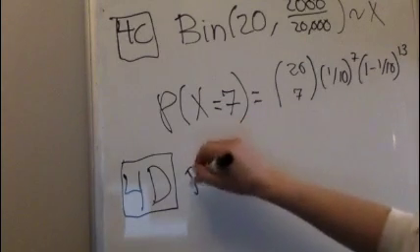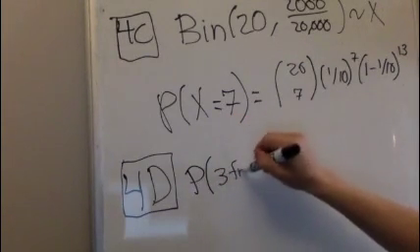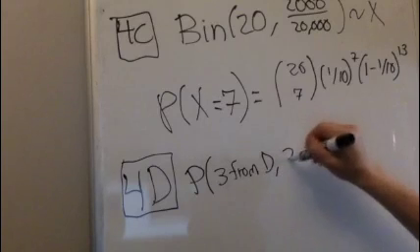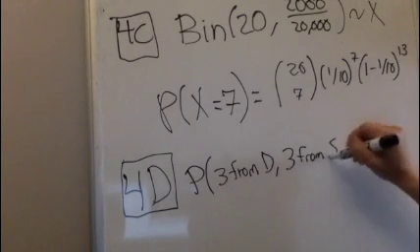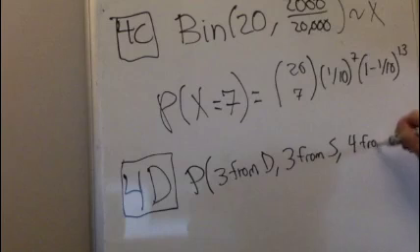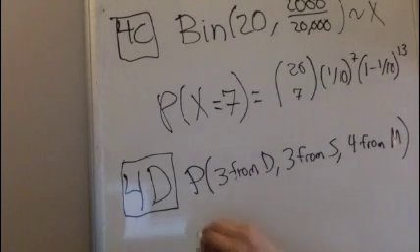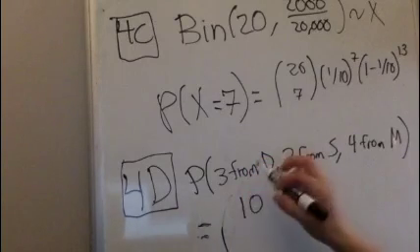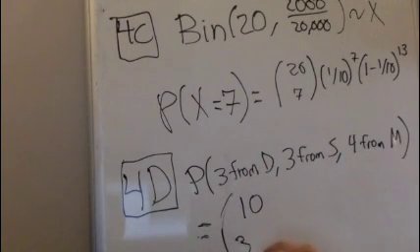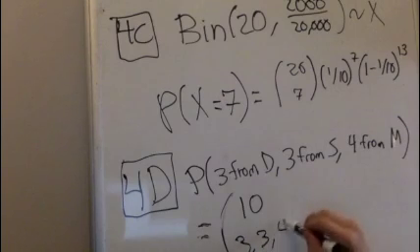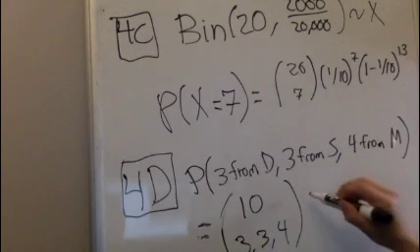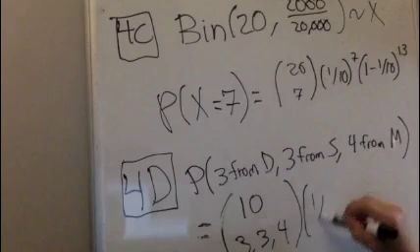So probability 3 from Daniel, you remember the formula from earlier, we're looking at 10 trials, 10 draws. We choose 3, 3, and 4. Probability of choosing a Daniel is what we can use above. It's 1/10.